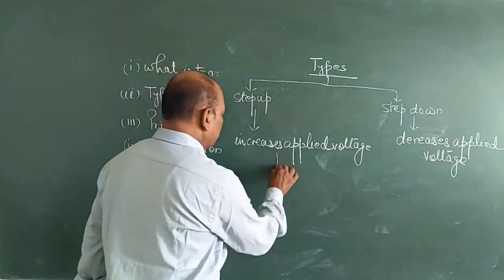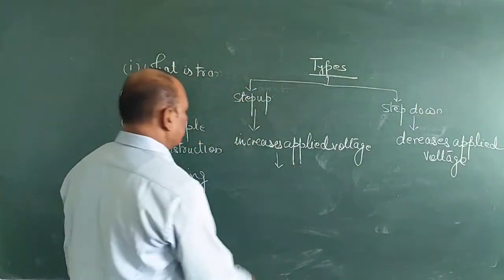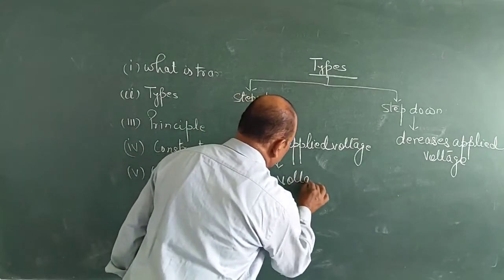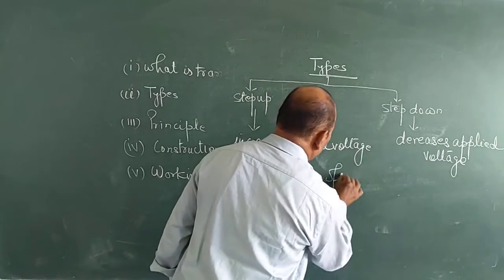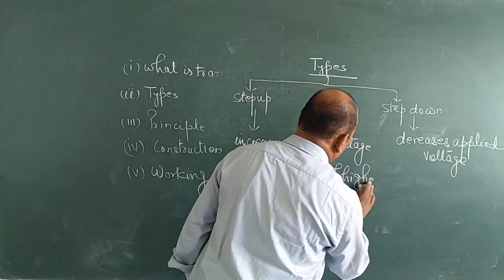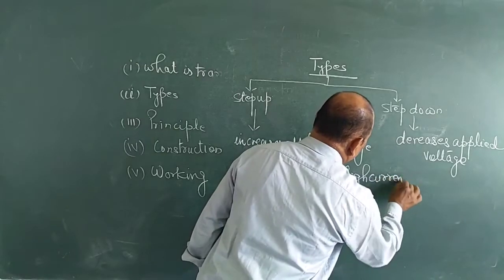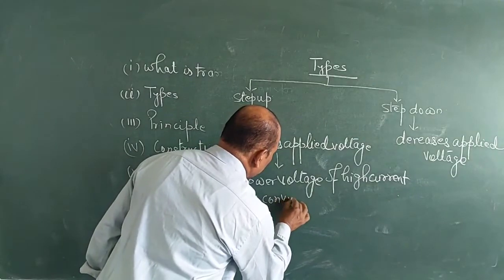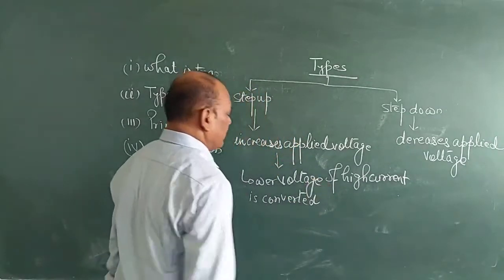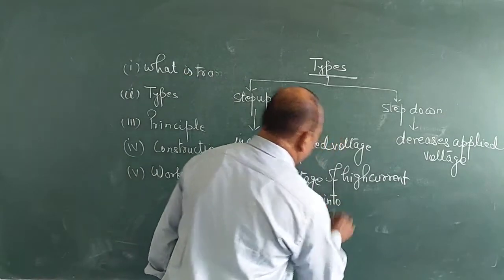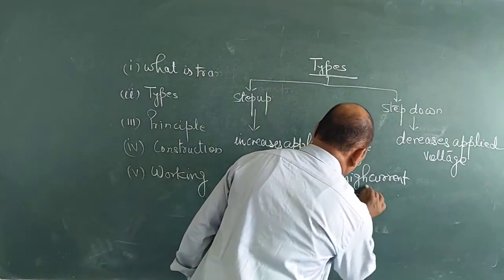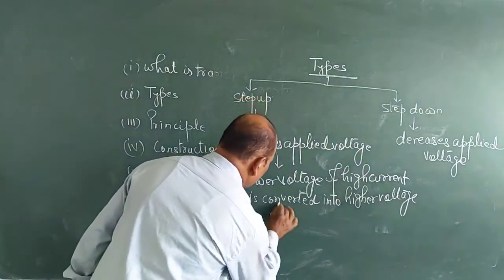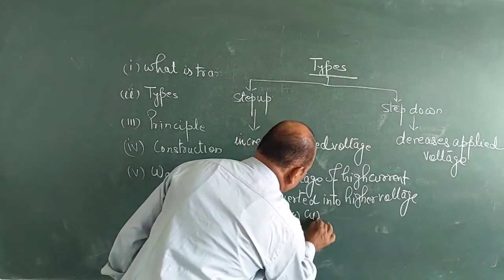In complete sense, we can say that lower voltage of high current is converted into higher voltage of low current.